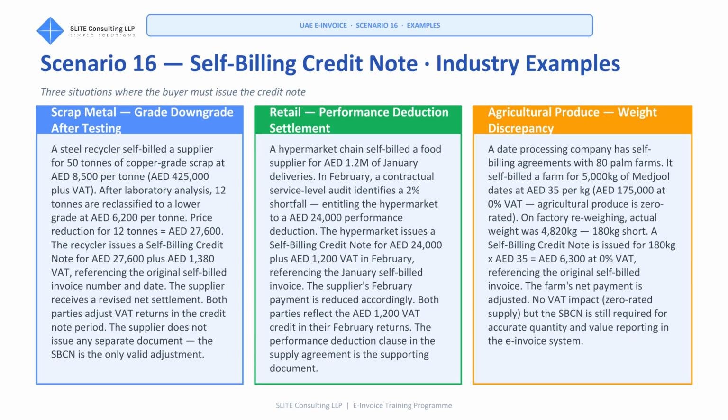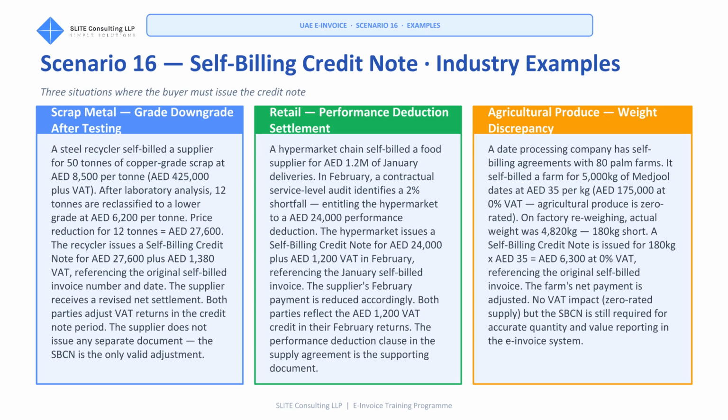Second, retail. A hypermarket self-billed a food supplier $1.2 million for January deliveries. In February, a service level audit identifies a 2% shortfall, $24,000 performance deduction. SBCN issued in February for $24,000 plus $1,200 VAT. Both parties reflect the credit in their February returns.